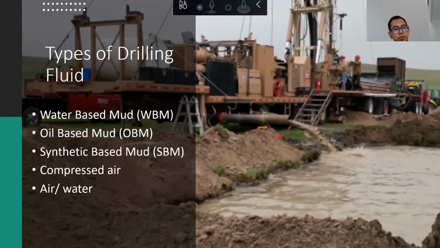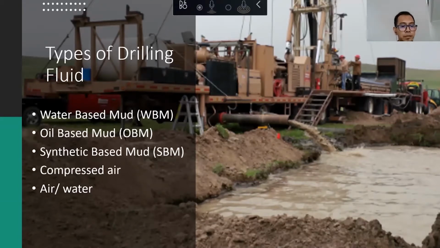The compressed air is gas-based, but the air or water is a mist. It's multi-phase, normally used in aerated drilling operations, geothermal operations, and underbalance operations.